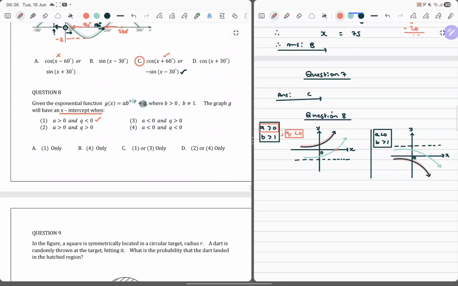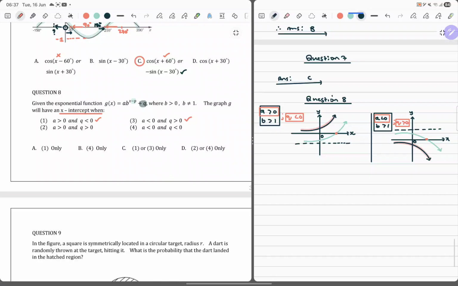So essentially, we start to see that x-intercept when q is greater than 0. So q must be greater than 0 when a is less than 0 for this to be achieved. Do we see that? Yeah, that's number 3. Okay. But remember, folks, consider all possibilities. Do not rush.